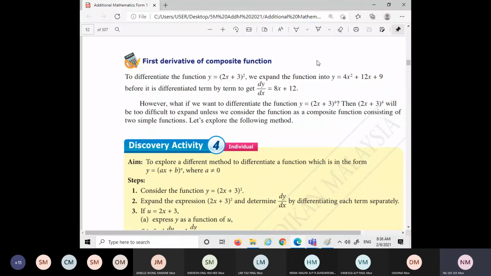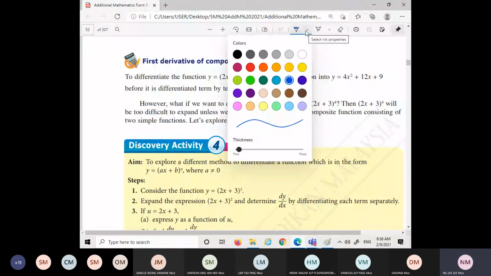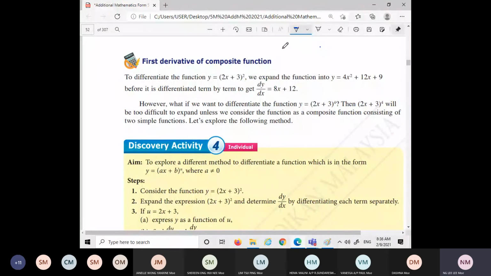Yeah, so this one will be your today index. Okay, first derivative of composite functions. Okay, so we are using MX2.